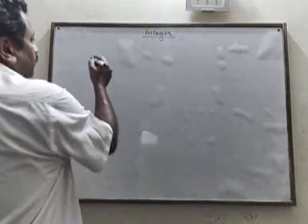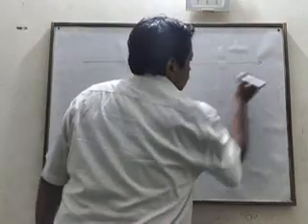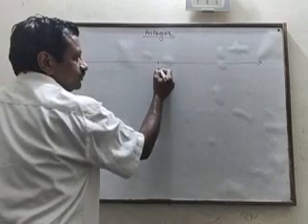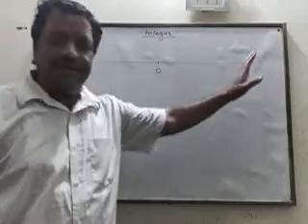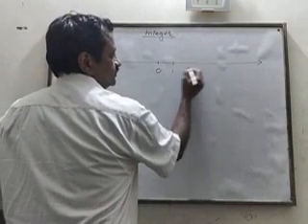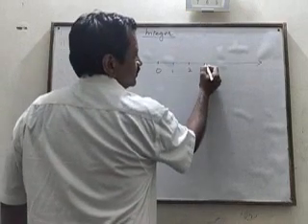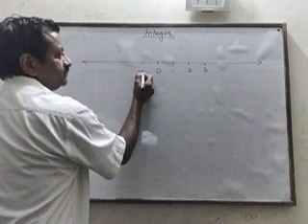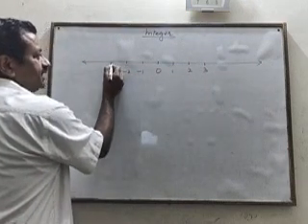Now let us see how integers look on the number line. So this is the number line. Here it is 0. Positive numbers will be on the right side, negative numbers will be on the left side. 1, 2, take equal distance, 3, minus 1, minus 2, minus 3.